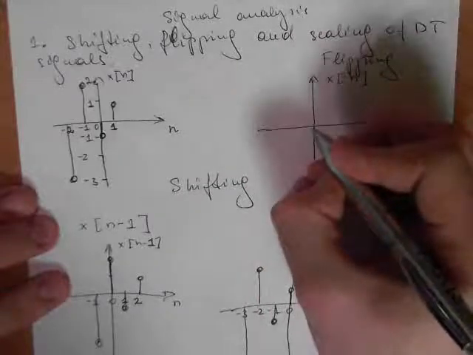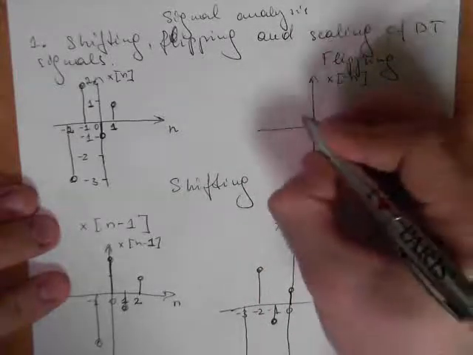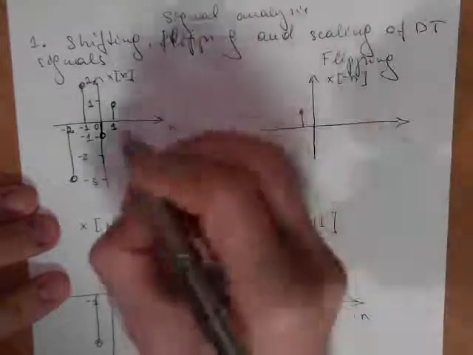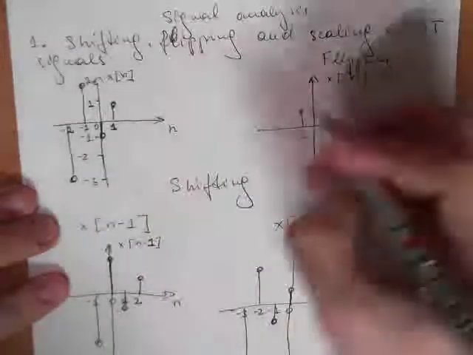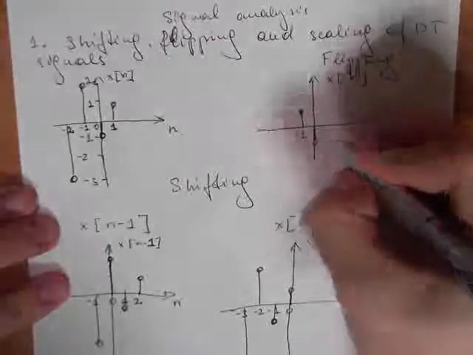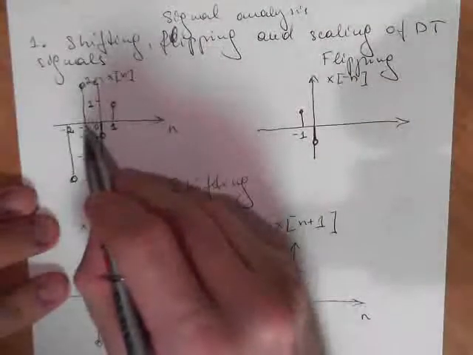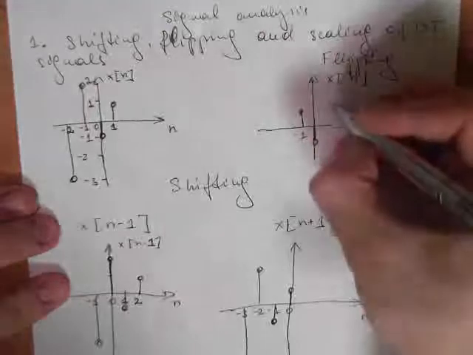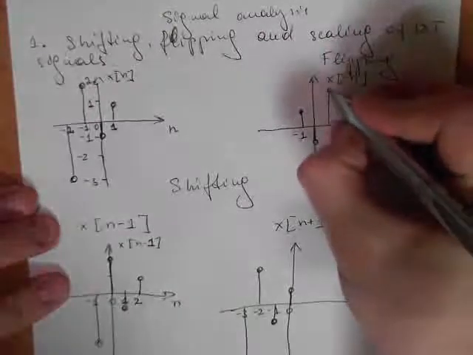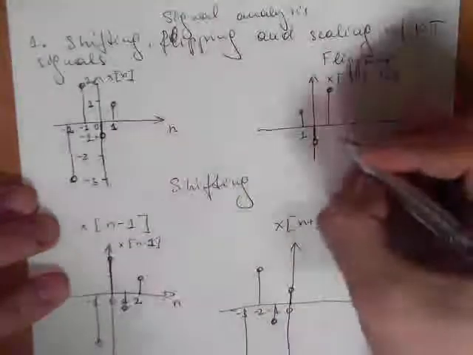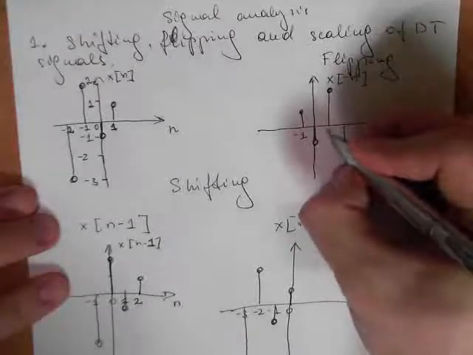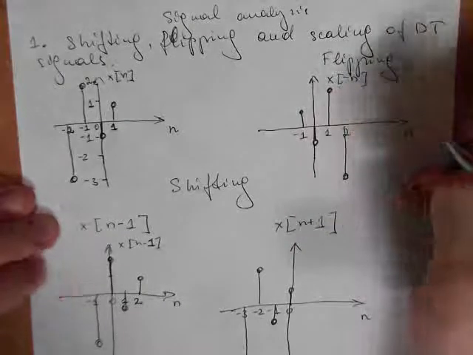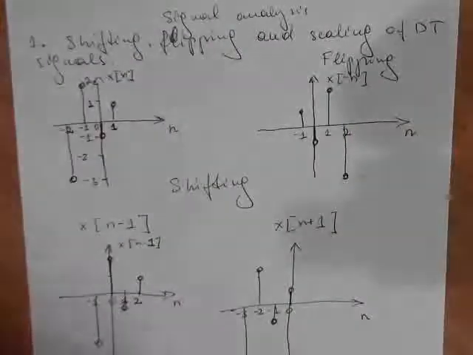We understand it as a reverse image. What was on 1 is now on -1. What was on 0 stays on 0. What was on -1 is now on 1. What was on -2 is now on 2. So this is the flipping situation.